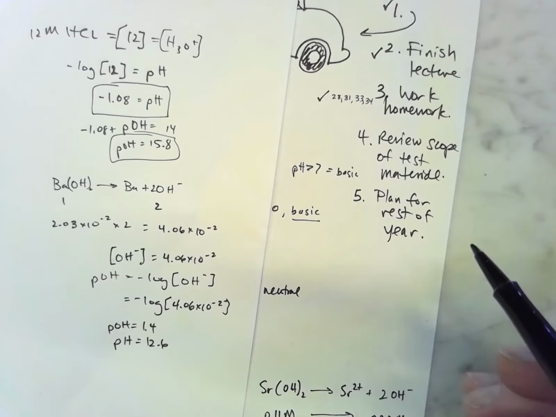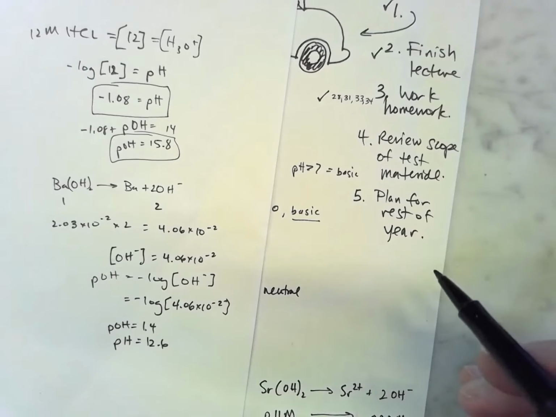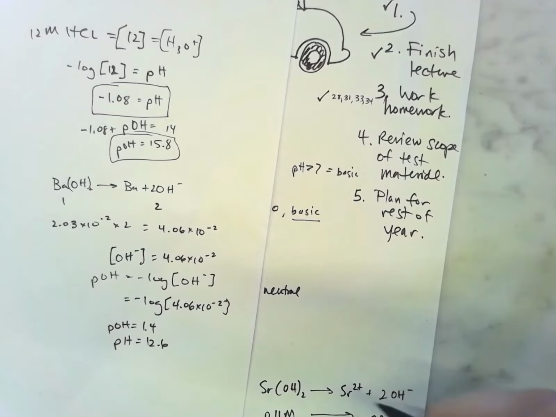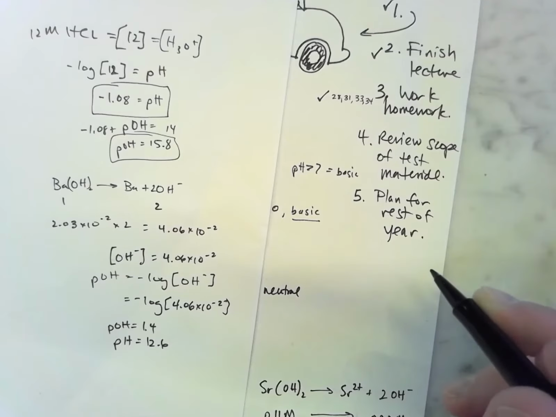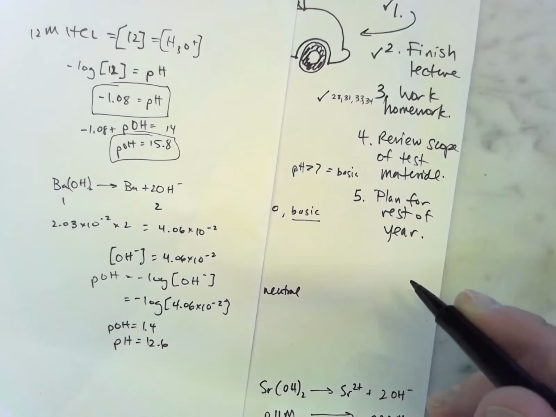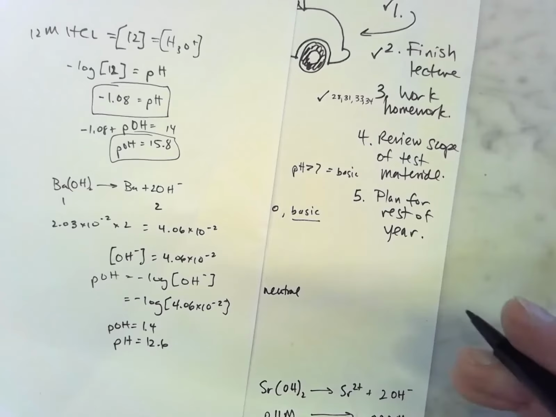Whatever. The test is on Tuesday, and then we will go right into review for the final. We will review all on the next Thursday as well, and then we'll have a work session. I can't remember that date either, but we'll have to talk via email.